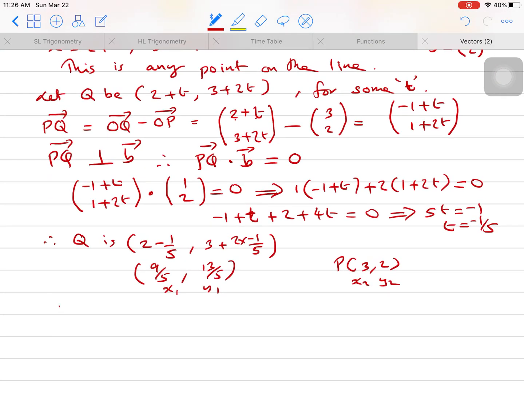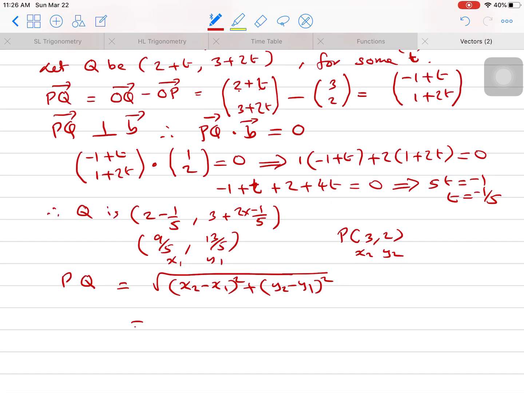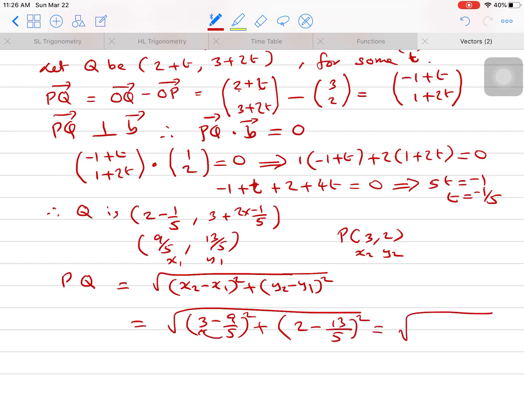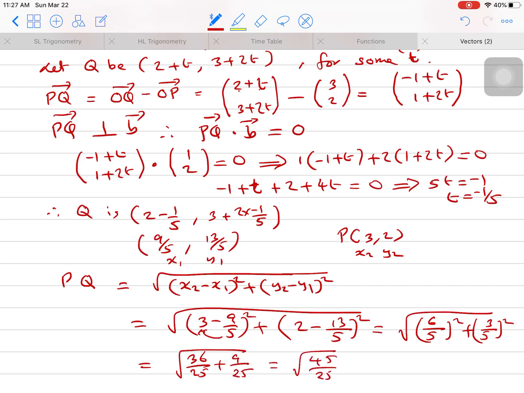So the shortest distance from P to the line will be PQ, which is the root of (x2 minus x1) squared plus (y2 minus y1) squared. That's the root of (3 minus 9 by 5) squared plus (2 minus 13 by 5) squared, which is the root of (6 by 5) squared plus (3 by 5) squared, which is the root of 36 by 25 plus 9 by 25, which is the root of 45 by 25.